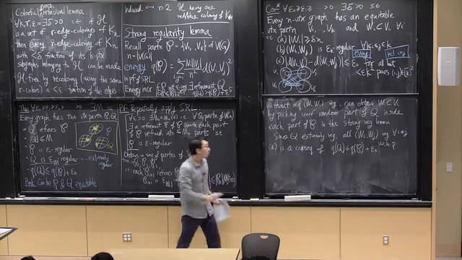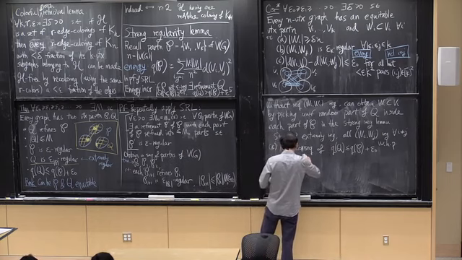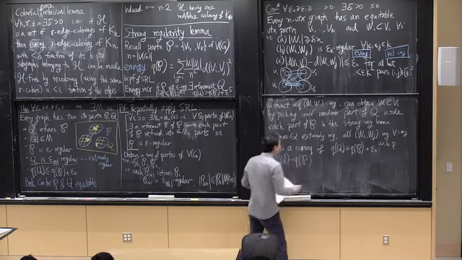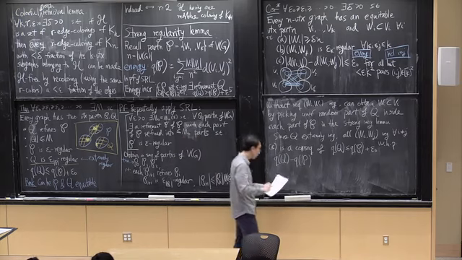Because recall that in our proof of the Szemerédi regularity lemma, there was an interpretation of the energy as the second moment of a certain random variable, which we called Z.